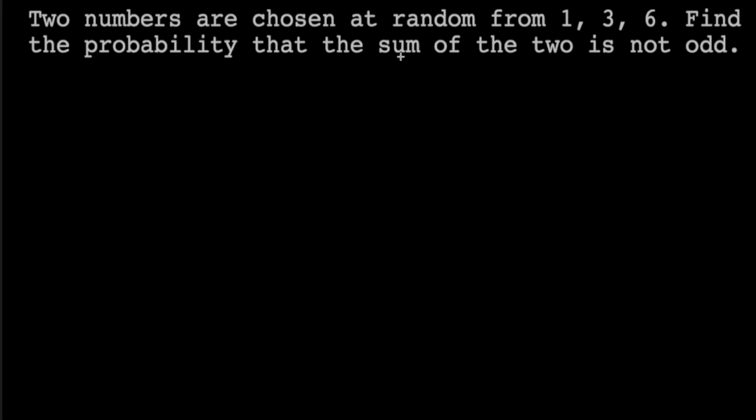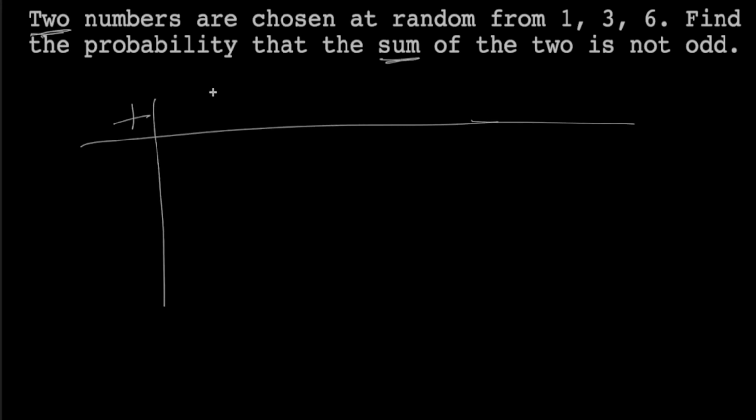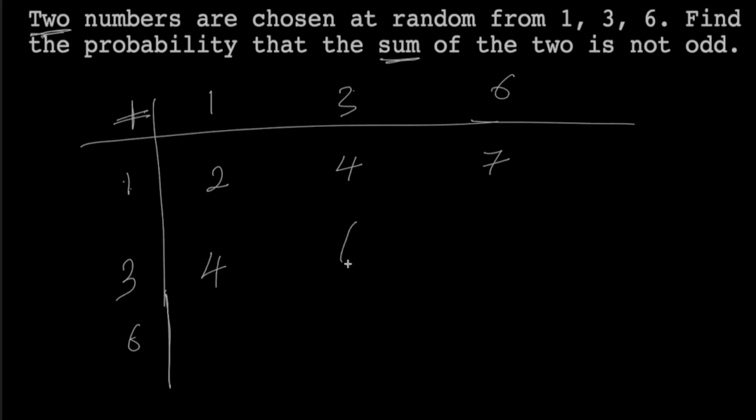We are talking about sum. You simply draw a table like this. You put 1 here, you put 3 here, you put 6 here. You put 1 here, you put 3 here, you put 6 here. Because we are talking about sum, you say this plus this will give you 2, this plus this will give you 4, this will give you 7, this will give you 4, this is 6, this is 9, this is 7, this is 9, this is 12.